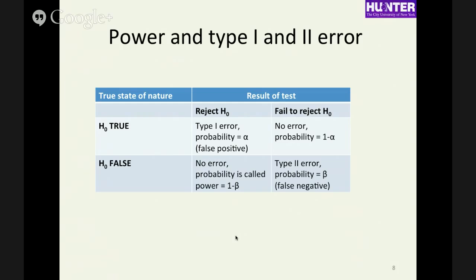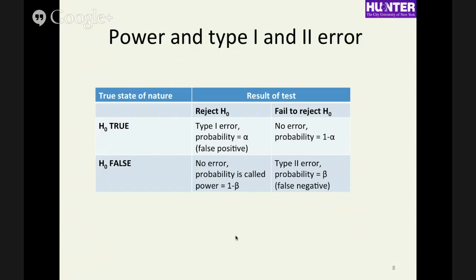So if we don't have enough evidence to reject it, even when we should have, that's a type 2 error. Type 2 error can happen because we got lucky, or we got unlucky, or we didn't have enough data to be able to have enough evidence to reject that null hypothesis.